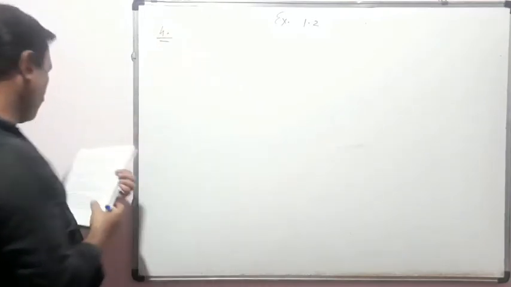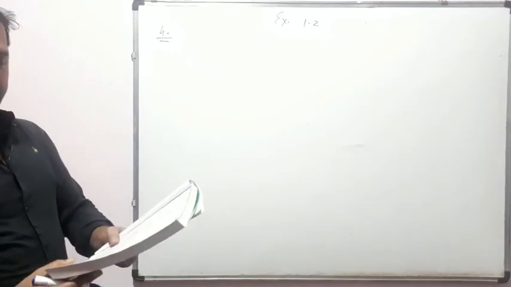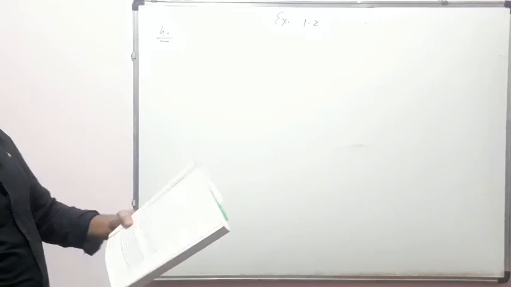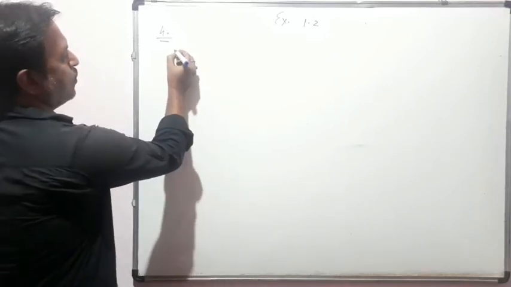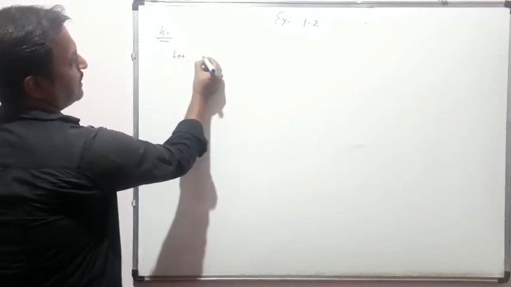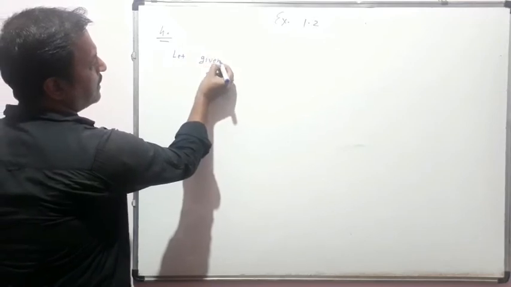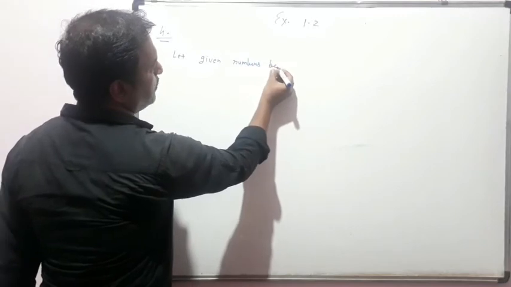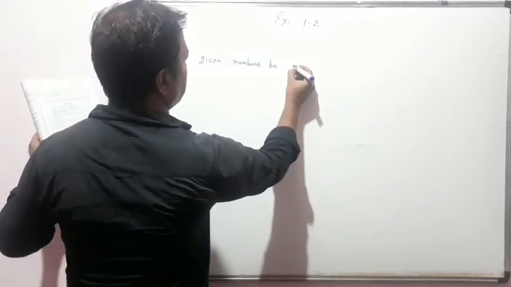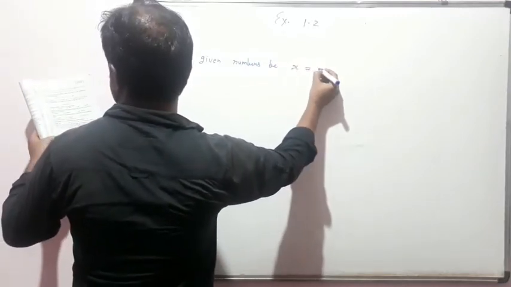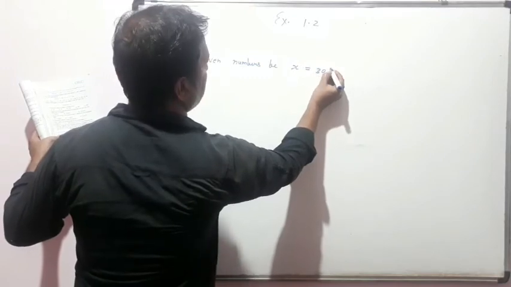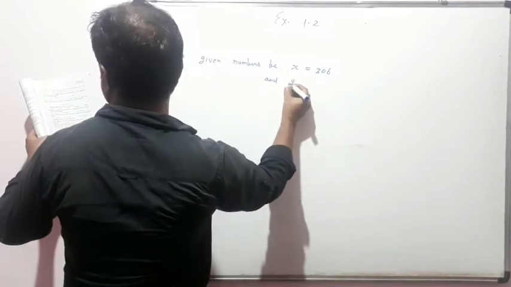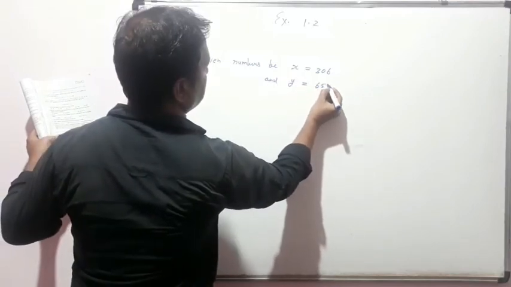In question number 4, it is given that the HCF of 306 and 657 is 9. So let the given numbers be x is equal to 306, we have considered 306 as x, and y is equal to 657.